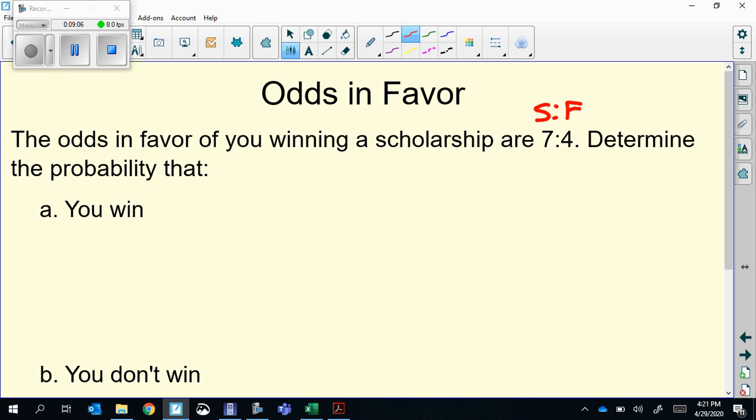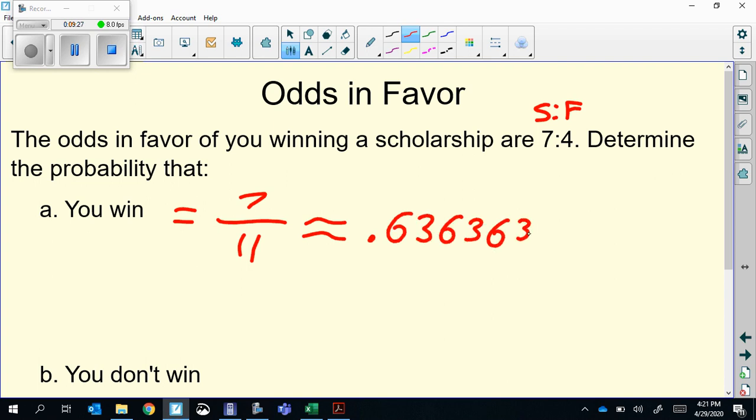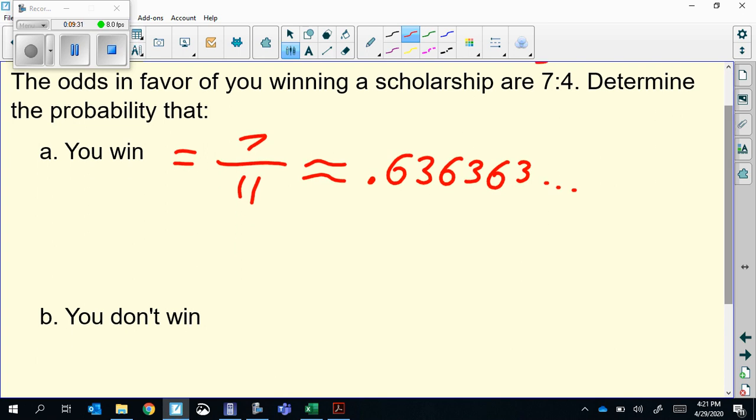So it's in favor of winning. So 7 would be a success, that would be winning, over 7 plus 4. That'd be 11. And then if we apply that trick I was just talking about, since it's 11 for the denominator, 9 times 7 is 63. So it's going to be 0.63, 63, 63, and so on.